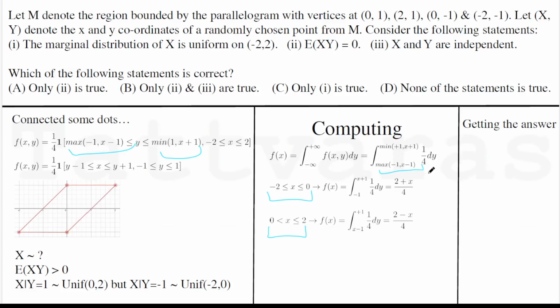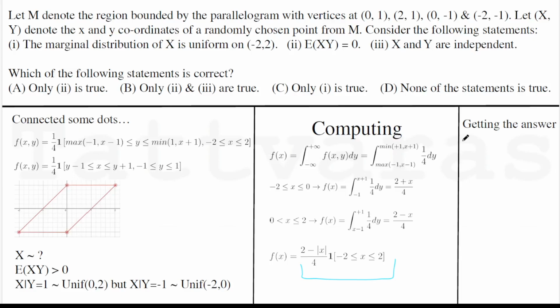So this has a breaking point at X equal to 0, right? Because when X is equal to 0, -1 is the same as X -1. And even in this case, the breaking point is X equal to 0. This is how you build the intuition for splitting the integration for different ranges of values for X. And then the marginal is clearly not uniform.